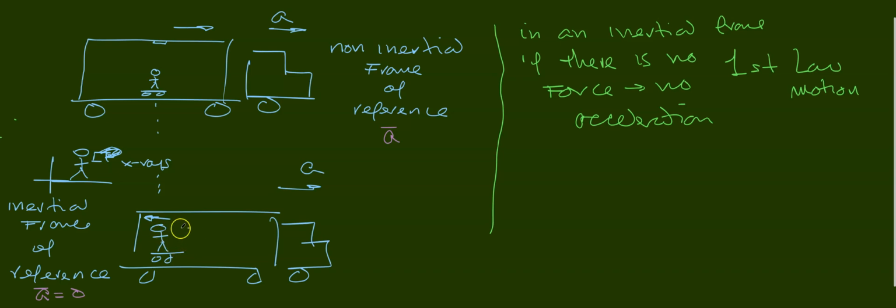And the reason, so there's a ghost force, but that force doesn't exist. And what happens is that this statement by Newton does not apply to non-inertial frames of reference. It only applies to inertial frames. Because you see, here we seem to have acceleration without a force, and that goes against Newton's first law.